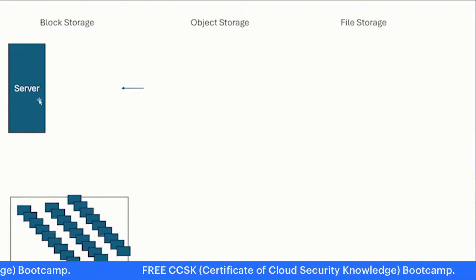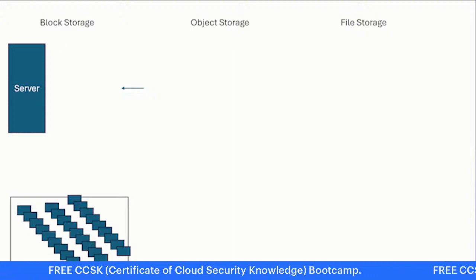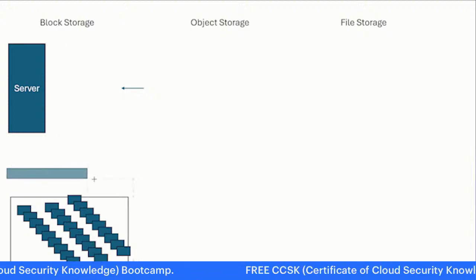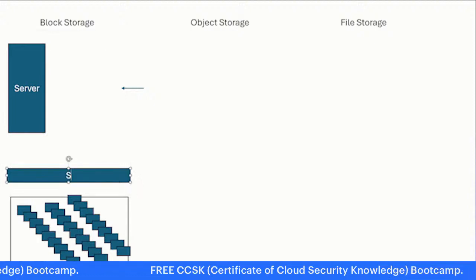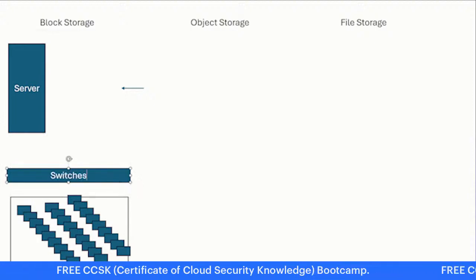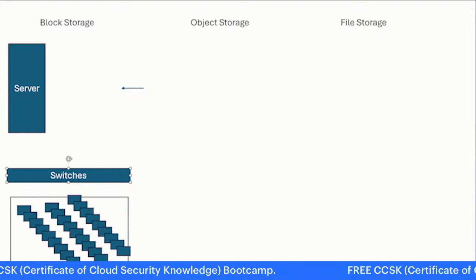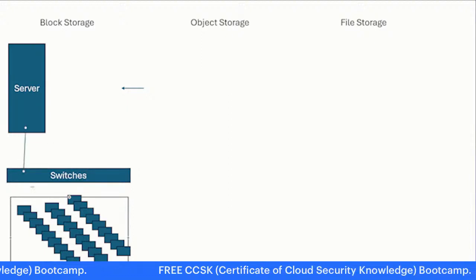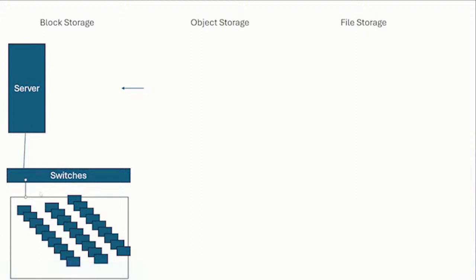We used to run separate networks called fiber channel, but in today's world, it's typically over Ethernet. We're going to have our switches, realistically speaking, our network switches. The server would be plugged into a switch, and the storage area networks will be plugged into the switch.